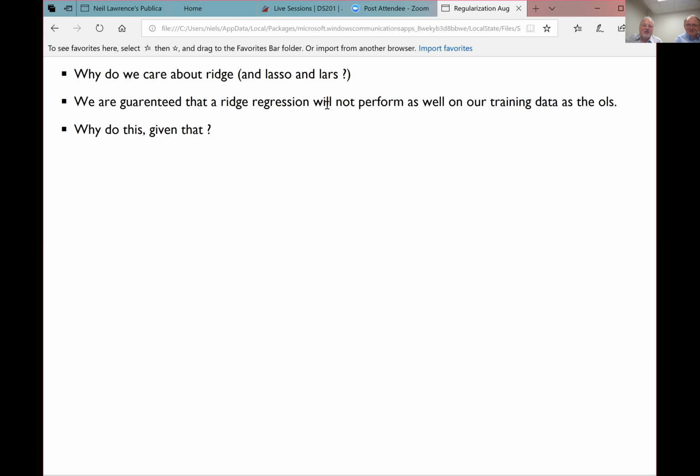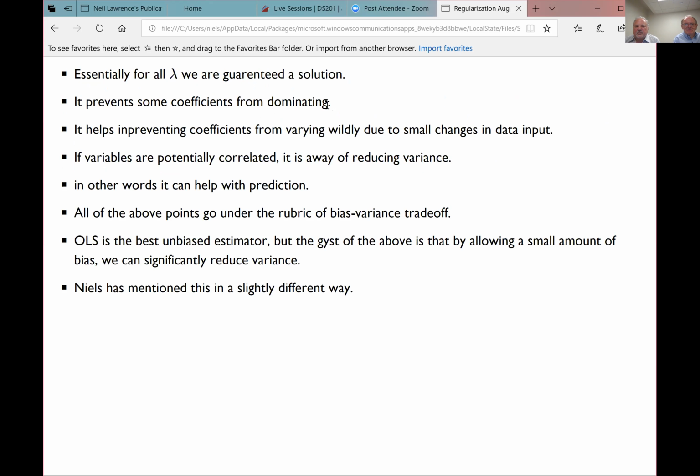Okay. So why do we care about these things? We're pretty much guaranteed that the training error on our ridge regression will not be as good as the training error if we do ordinary least squares. So what's the point? There are a few points. As Niels has said time and time again, if you use regularized regression, you're always guaranteed a solution.